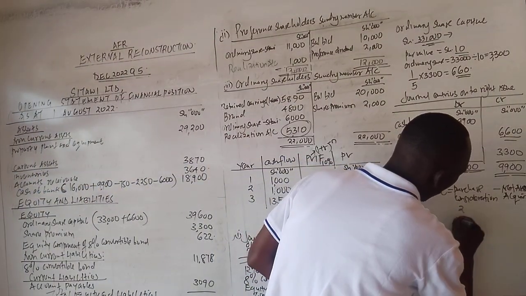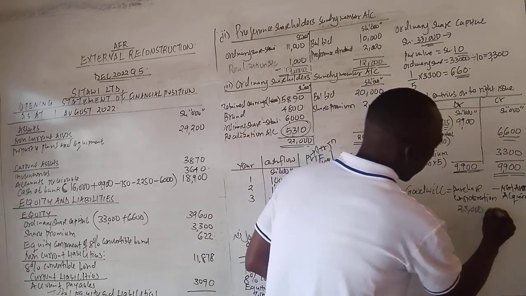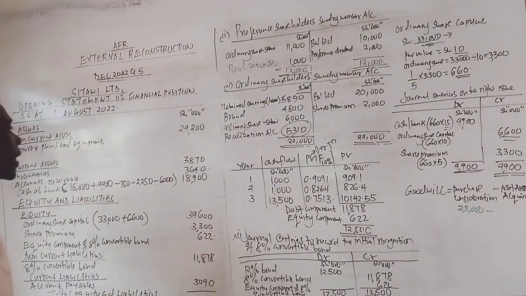The purchase consideration was 23,000. Then we raise the net assets. Let us compute the net assets. The property was 29,200.